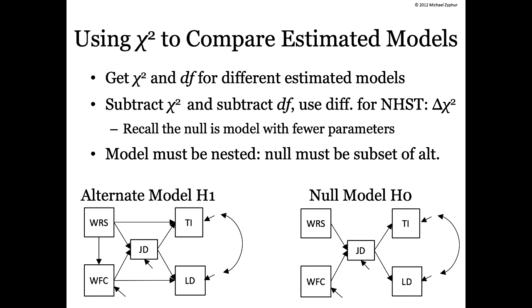So in this case, we can estimate both of these models, and we can get chi-square values. We can subtract the degrees of freedom and subtract the chi-squares, and now we've got a little chi-square test of this versus this. This is the null model in that chi-square test. So if we see p less than 0.05, we reject that one, and we go with that one.